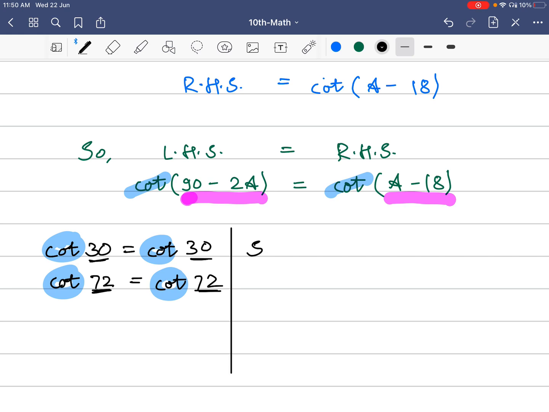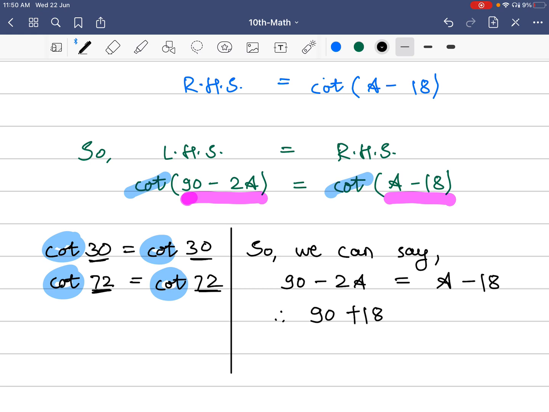So we can say that 90 minus 2a is equal to a minus 18. Thus we get an equation in the unknown variable a, and now we are going to rearrange. So I'm going to say 90 plus 18 is equal to a plus 2a.